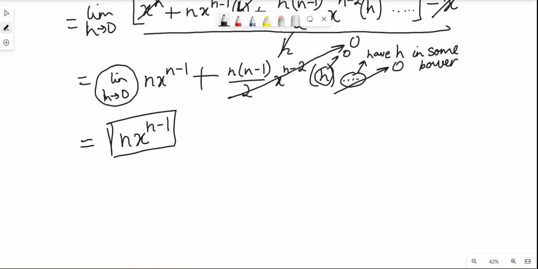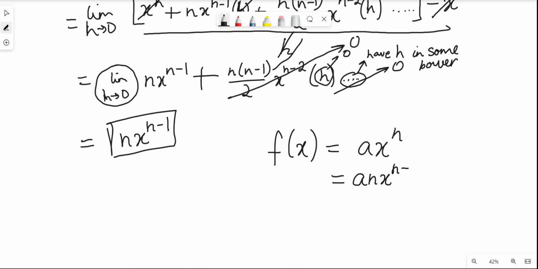And you can do the same for something like f of x equals a x power n. When you go through the entire process again, you get a n x power n minus 1, or I should specify where a is a constant, because a can sometimes be, how do I say this, a function of x, and that would require product rule and other things that'll come up in a later video.